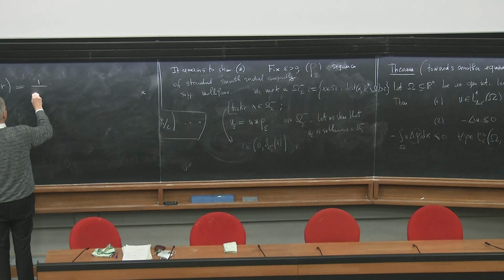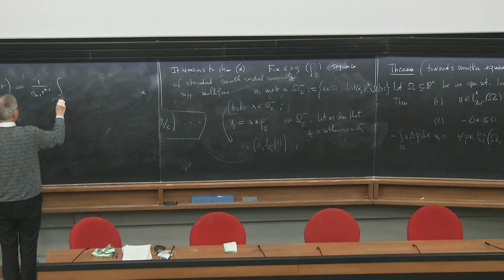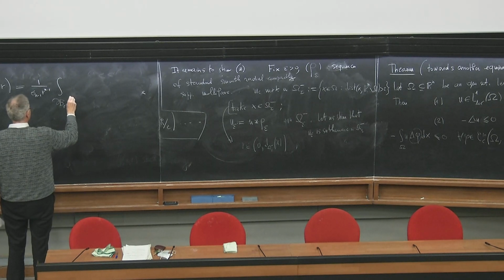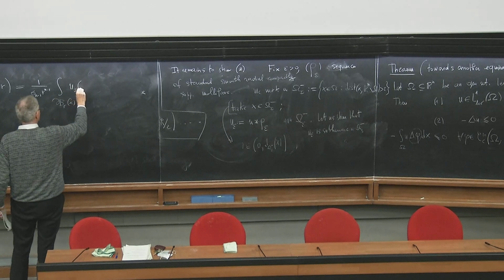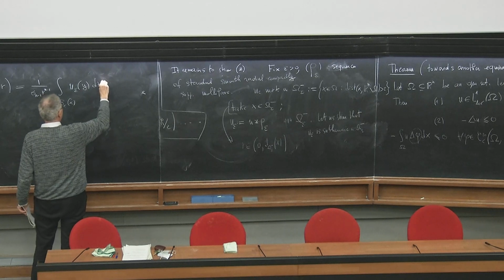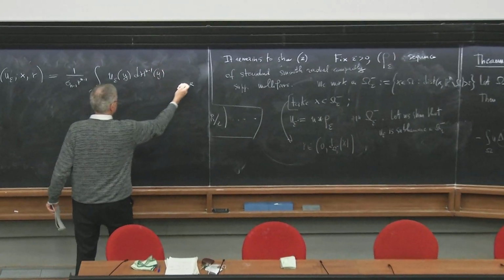So this is 1 over sigma n minus 1 r to the n minus 1 times the integral over the boundary of B r of x of u epsilon of y, d H n minus 1 of y.